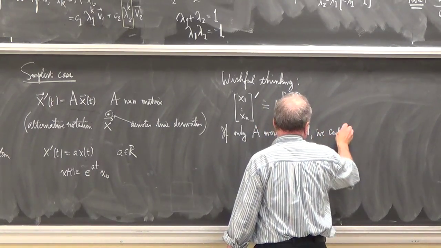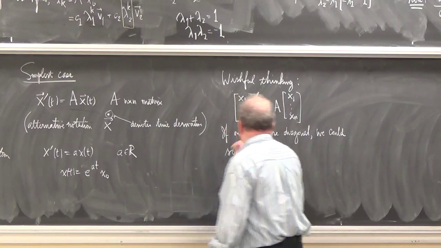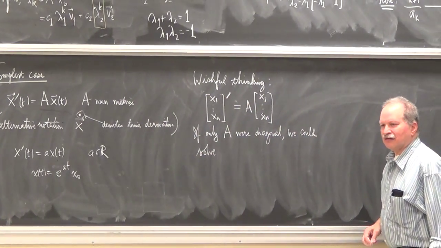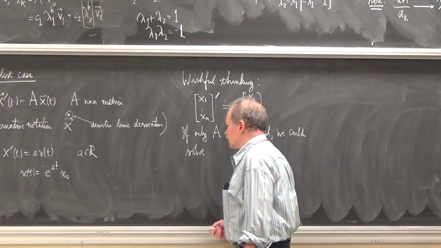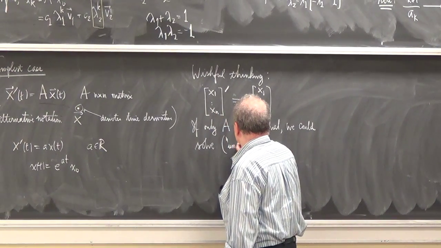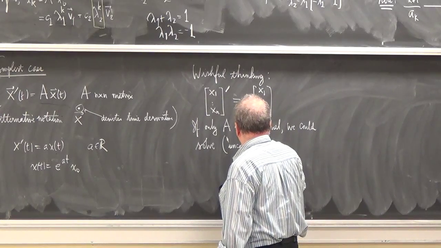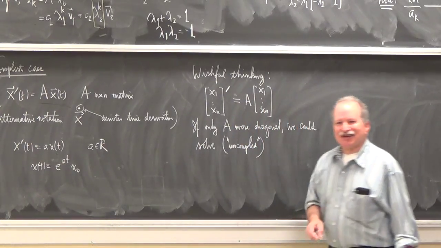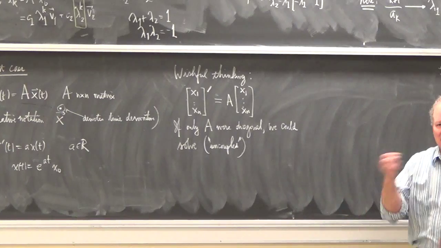So we diagonalize it. In physics and engineering, they call this uncoupling, because x1 doesn't depend on x2 or x3, it just depends on itself.